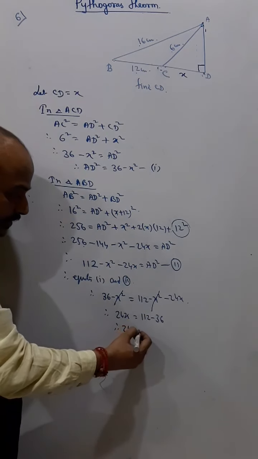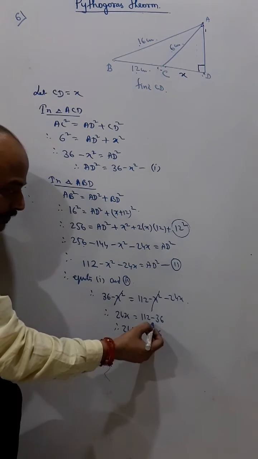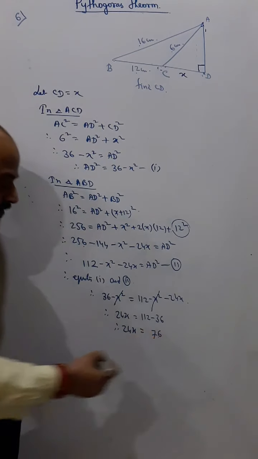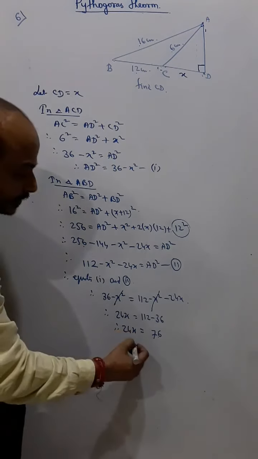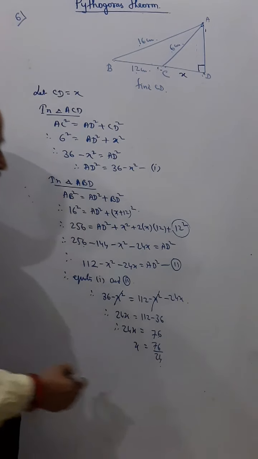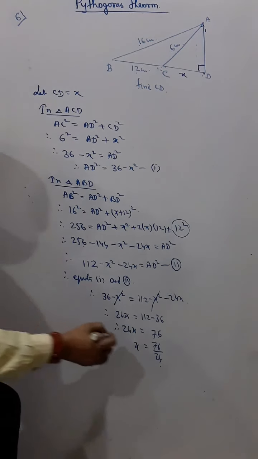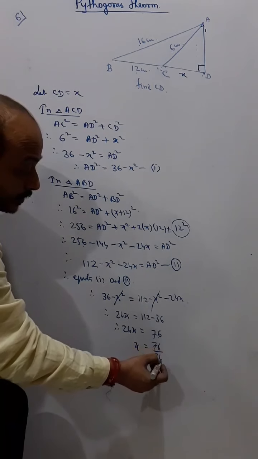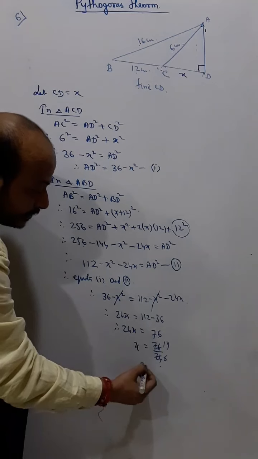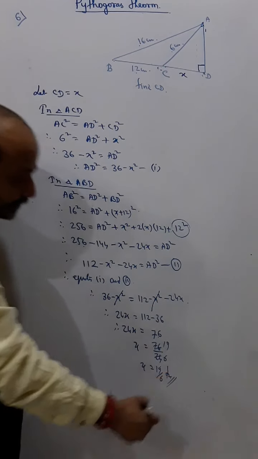Now after subtracting we get 76, and we get x is equal to 76 by 24. Okay, so we can cancel by 4: 4 6s are 24, 4 19s are 76, finally we get x is equal to 19 by 6. Okay, and that is the answer.